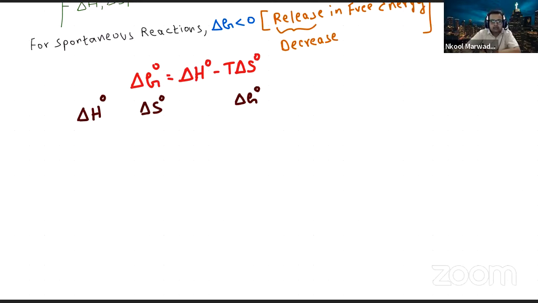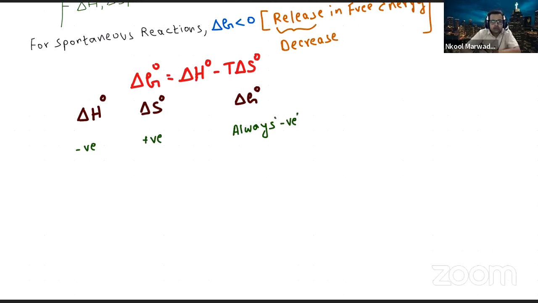If change in enthalpy is negative and change in entropy is positive, then delta G has to be negative, always negative. That we can very easily check from the equation.